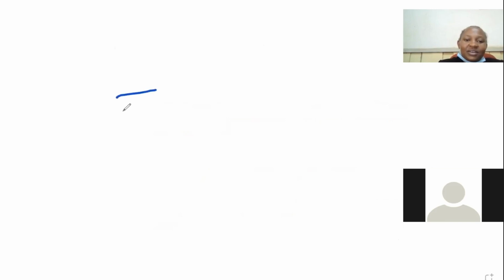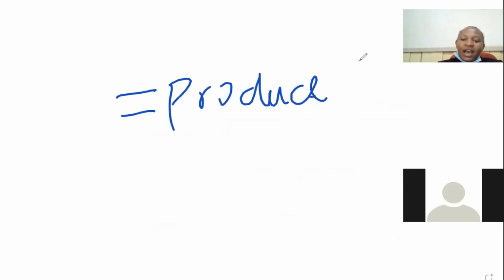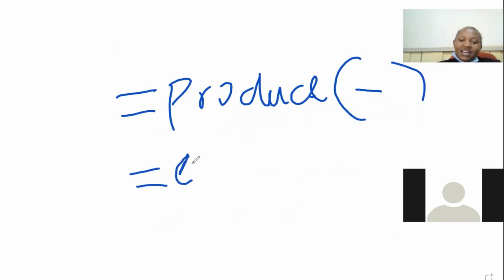you write equals, the function product, and then you open the brackets, and then the cell references that you are multiplying. Again, you can also write equals the first cell where the item price is, let's say it's in C2, multiplied by C3. So in that case, you are able to write the correct function.